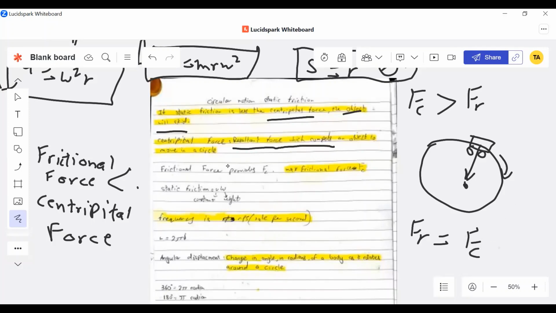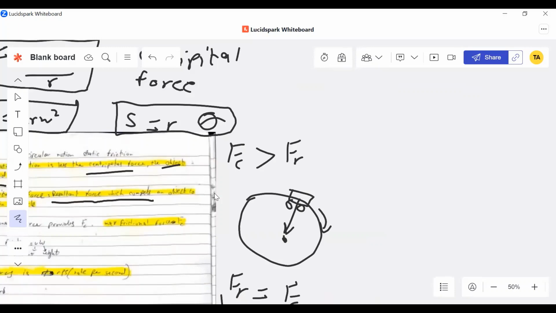What do I mean by this? So when an object moves in a circle, the frictional force would cause the object to move in a circle. This means that the friction force equals the centripetal force. For exam, remember that the friction force provides Fc, and static friction or resistance force has a formula as well.